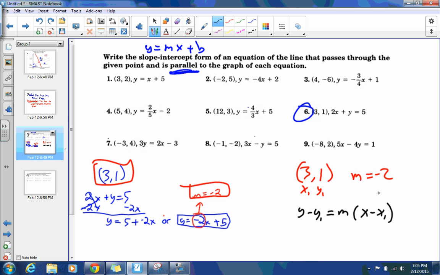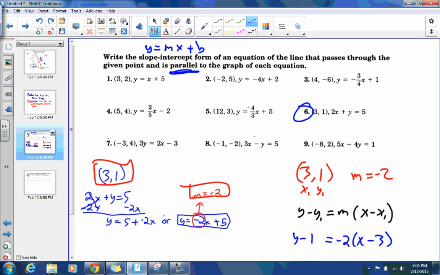We're going to be plugging in for the slope and also the x1 and y1. So let's put in m for the slope here, -2 goes here. That'd be x minus x1, which is 3. That is equal to y minus y1, which is -1.